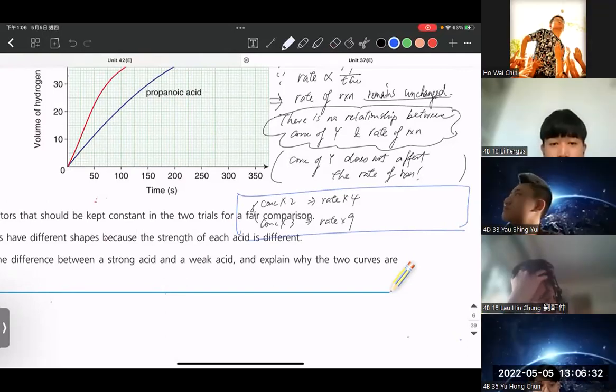Yes, that's right. Rate is directly proportional to the concentration square. Do you understand? So the mathematical relationship will be this. Rate is directly proportional to the concentration of the chemical square.